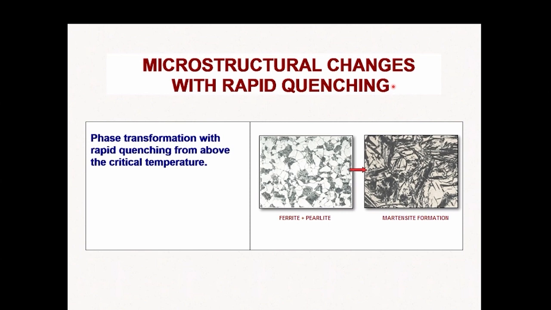Ang nangyayari, sisingit ngayon, sa halip na pumunta dahan-dahan yung carbon mo, doon sa interstices ng inyong BCC na iron, ang ginawa niya, na-trap na siya doon sa location na yon. Okay? Na-freeze siya doon. What happened is that, nagalaw mo ngayon yung matrix ng BCC.